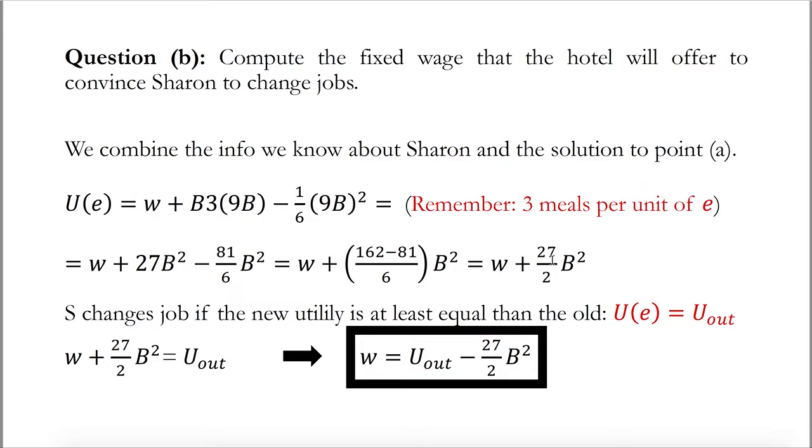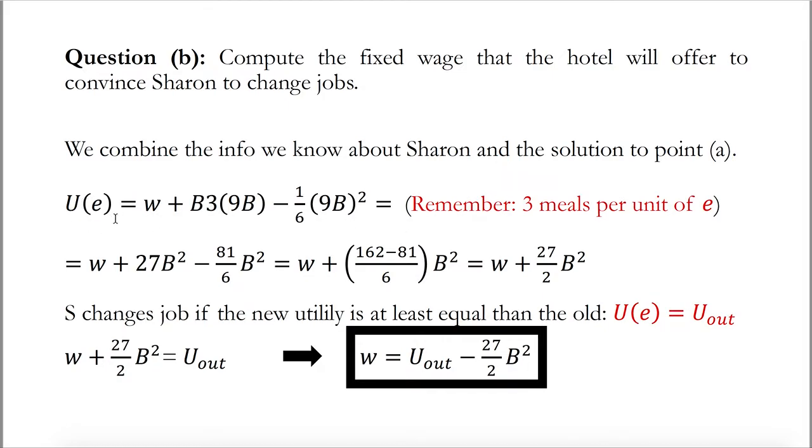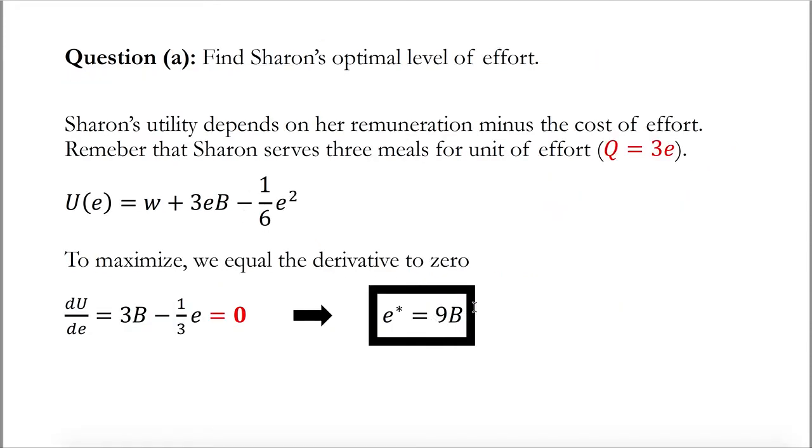Question B. Compute the fixed wage that the hotel will offer to convince Sharon to change jobs. Here, we have to combine the info we know about Sharon and the solution to the previous question. We know that the utility of Sharon, remember, was W plus 3Eb minus 1 over 6 E squared, but we now know the optimal level of effort. So we are just going to rewrite the utility, but instead of E, we substitute the optimal level of effort that we know is 9b.